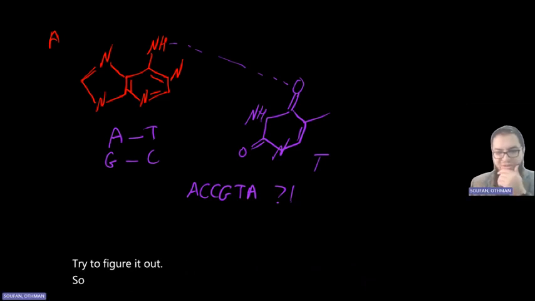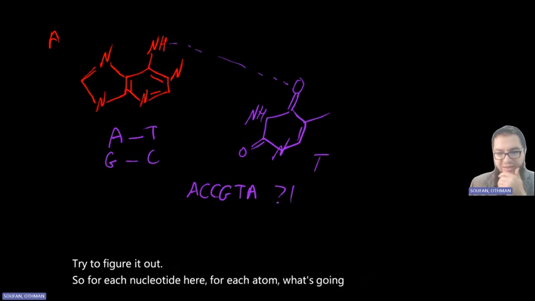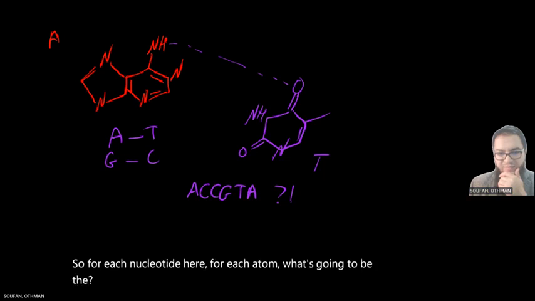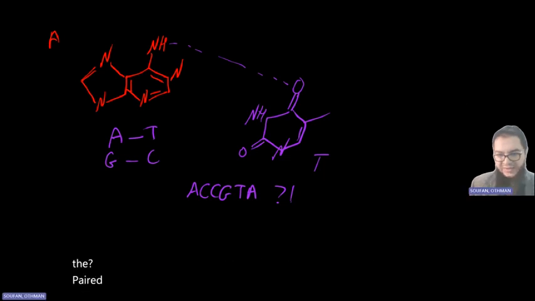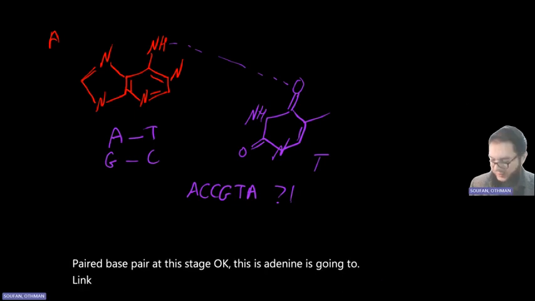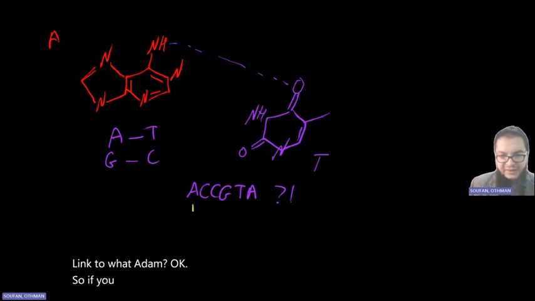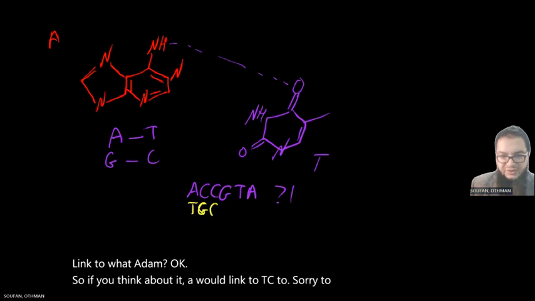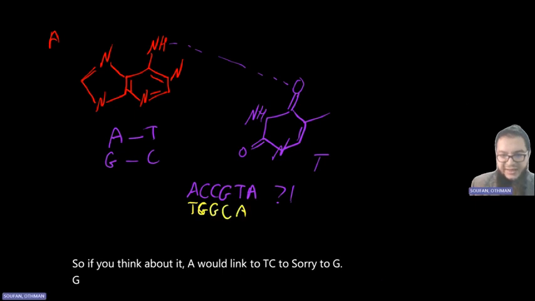For each nucleotide here, what's going to be the paired base? Adenine is going to link to what? If you think about it, A would link to T, C to G, C to G, G to C, T to A, A to T. So T, G, G, C, A, T.